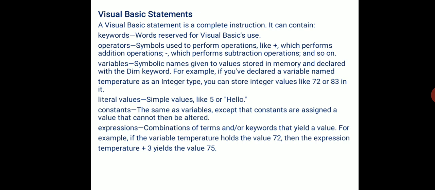So expressions, that means using operators, the expressions are, for example, a equal to b plus c is an expression. So here also temperature equal to temperature plus 3 will yield the value 75.